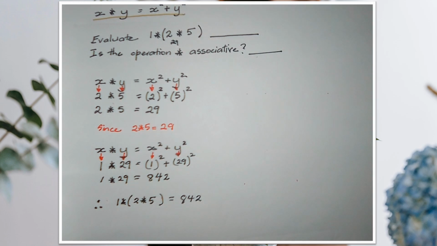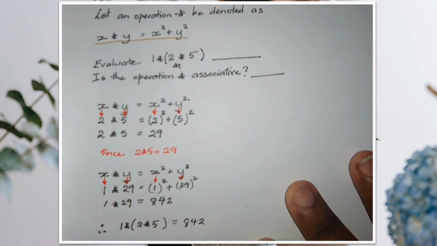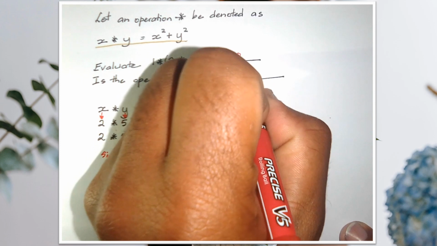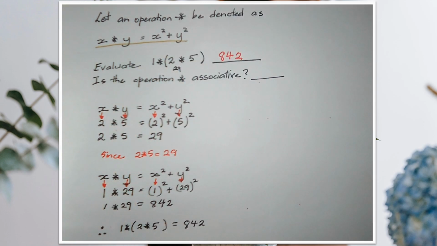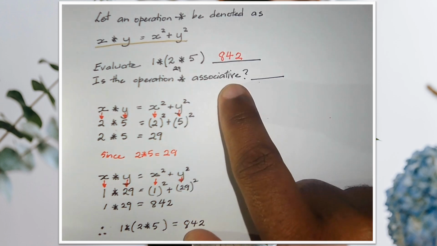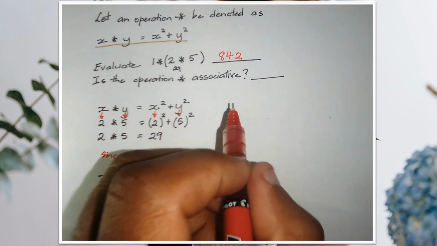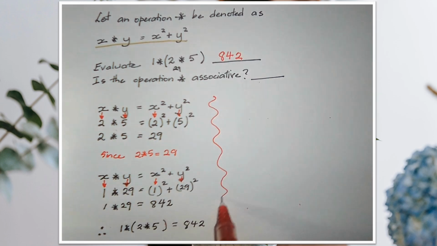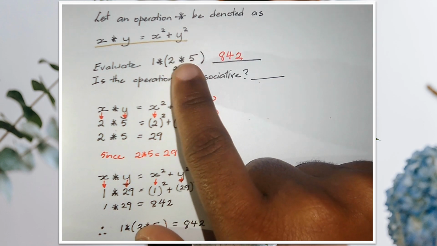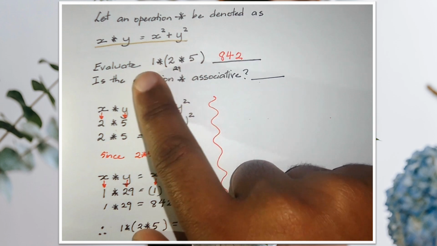So I could come up here and put the 842. Not just that part. Now it asks, is the operation star associative? That means I need to make a comparison. And if this was the grouping that we were working with, first we're going to change the grouping.